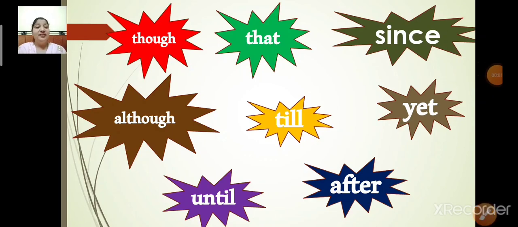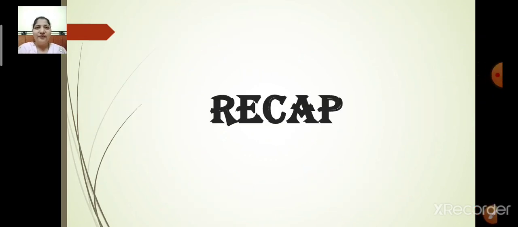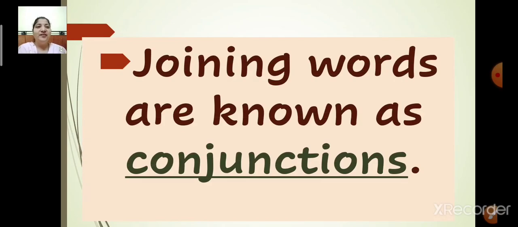So children, let us recap of what we have learnt today. We have learnt that joining words are known as conjunctions. Some common conjunctions are and, but, or, so, because.